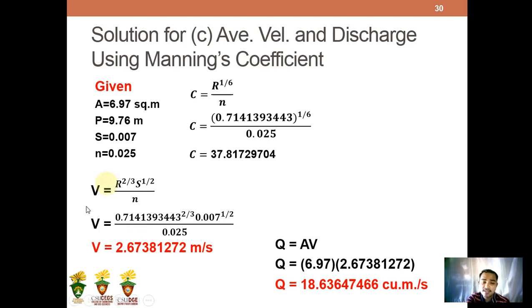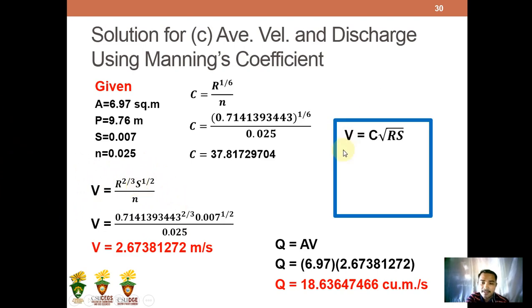Why did we arrive at this formula? Again, let's go back to the formula V is equals to C times the square root of RS, and C is the Manning's coefficient.